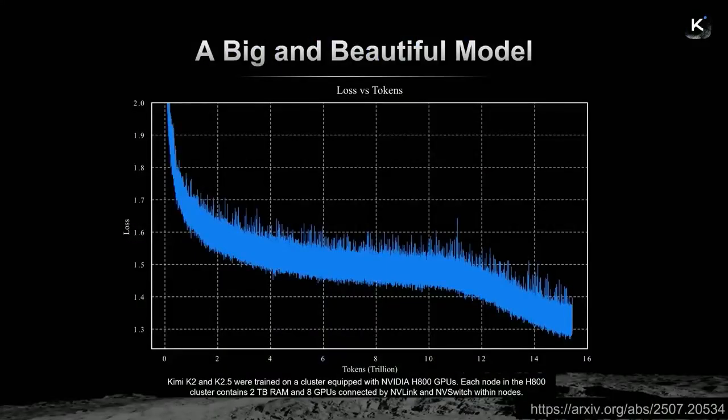So this is also one of the most beautiful curves that I have observed in my life. This is the training curve of the K2.5 base model. As you can see, it went through over 15 trillion tokens, and of course in K2.5 we additionally trained another 15 trillion tokens. And the entire training process is just so stable.